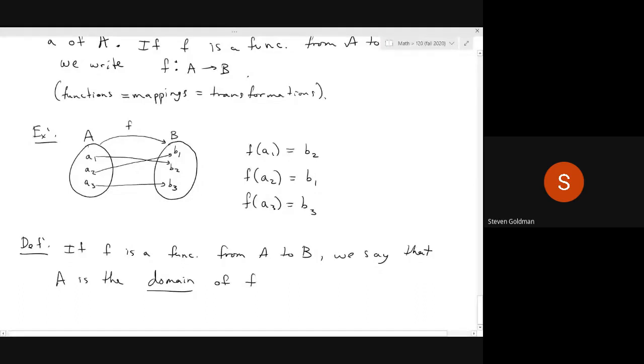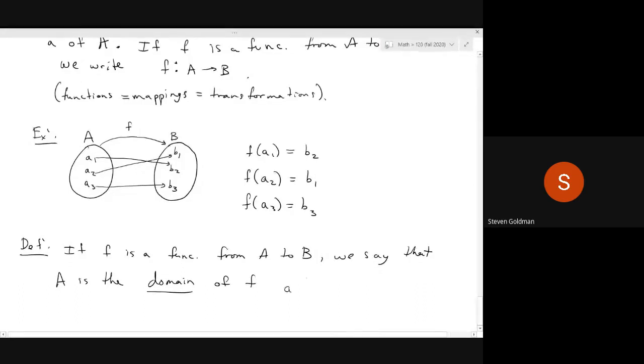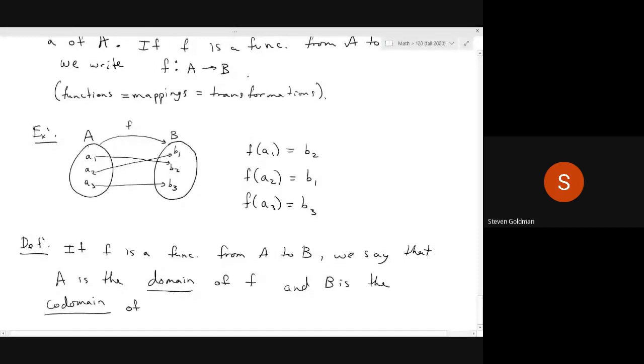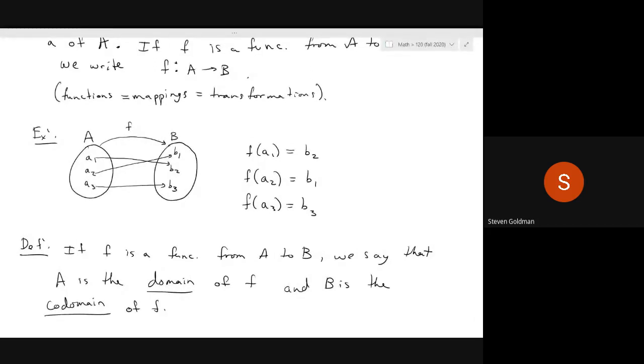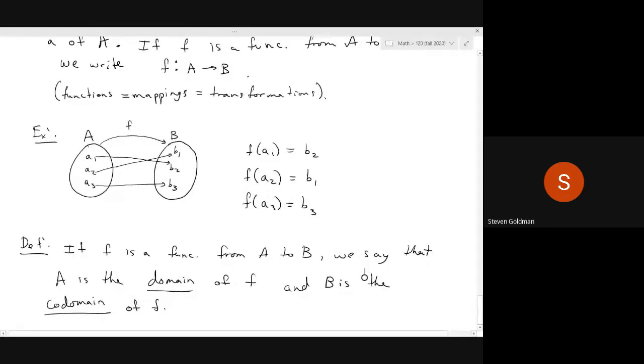It's the domain of our function. And B is the codomain of f. So A is our domain, B is our codomain.